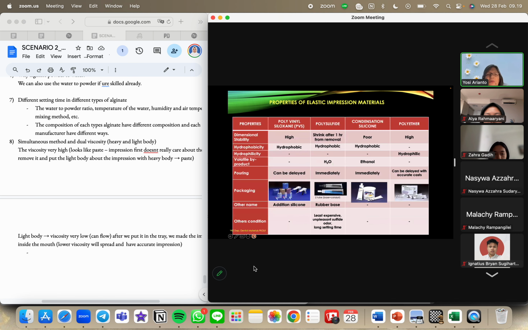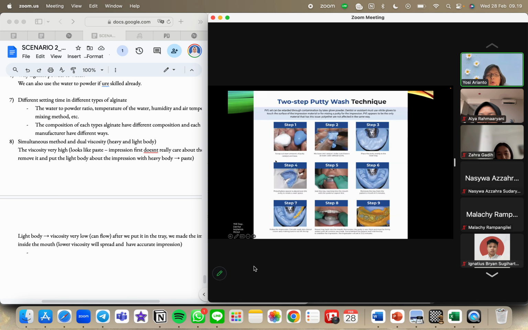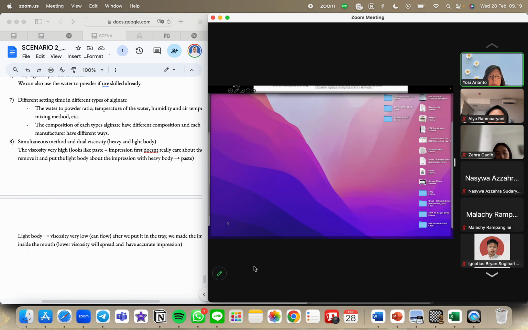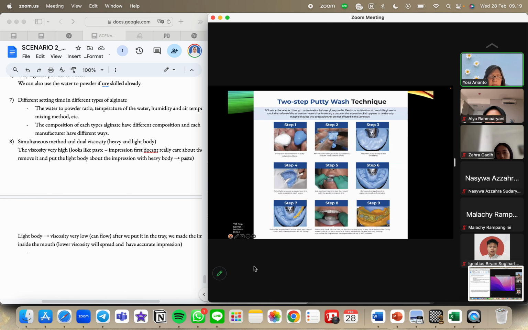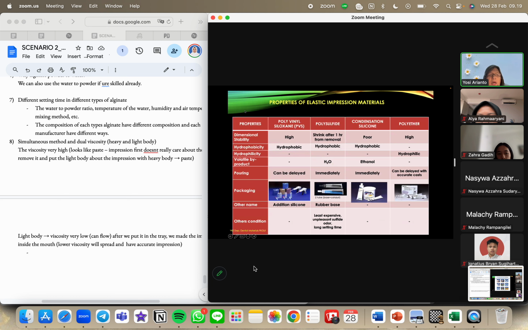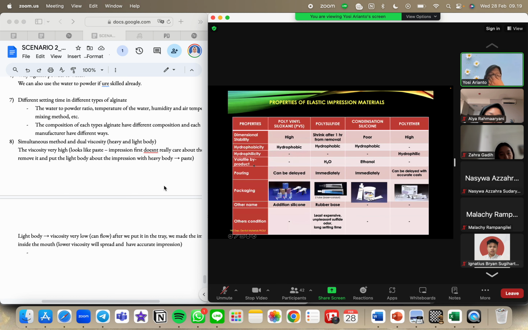Okay, next. This is still the properties of the elastic impression materials. You can see here the differences. There are the properties here: dimensional stability, hydrophobicity, hydrophilicity, volatile byproduct.